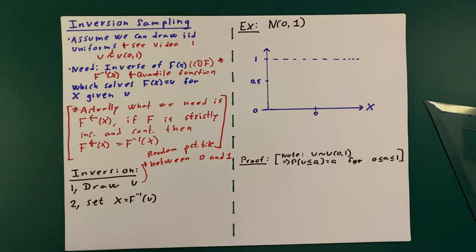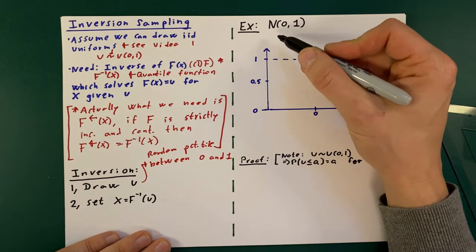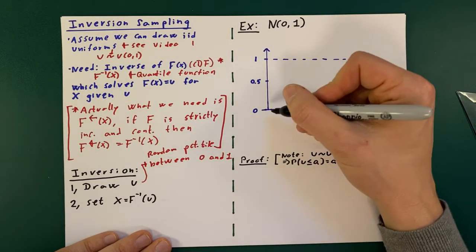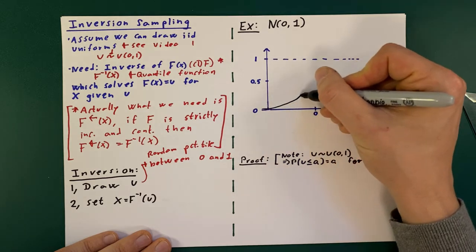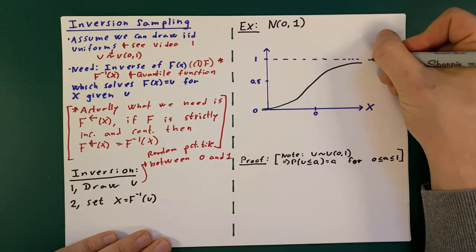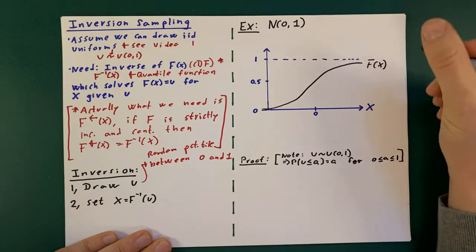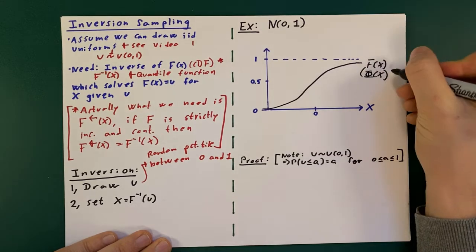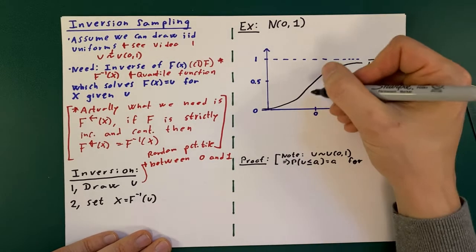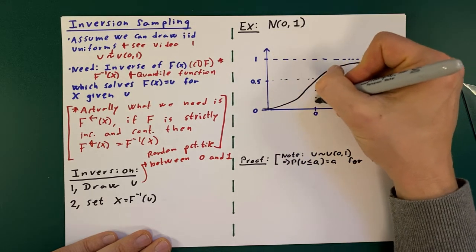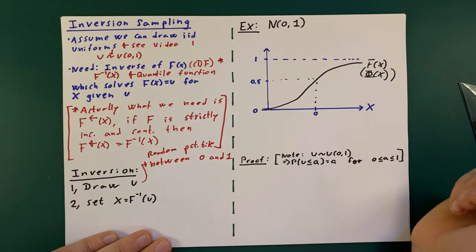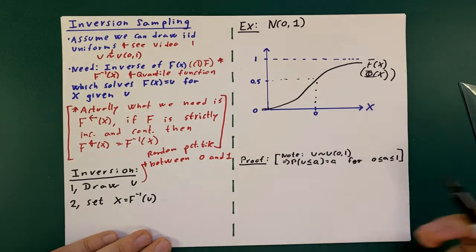Now I'll try to go over the intuition for why it works. If we look at the case of the standard normal distribution, I'm going to do my very best to draw its distribution function like this. It might also be called phi of x. We can see here that 50% of the outcomes from the standard normal distribution should be less than 0.